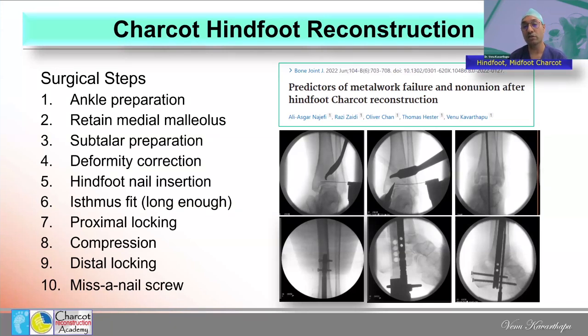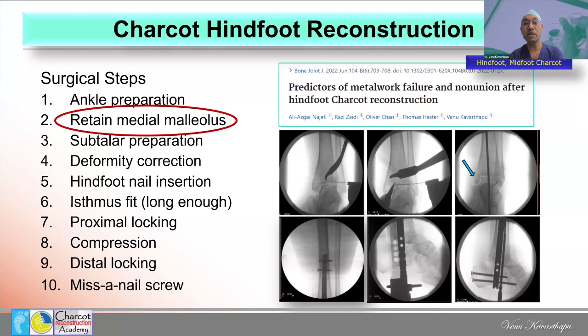In fact, we have gone through 74 hindfoot Charcot reconstructions and examined the metalwork failure incidence and any correlation with any technical aspects of the reconstruction. On the left side, you can see the surgical steps most centers routinely use.